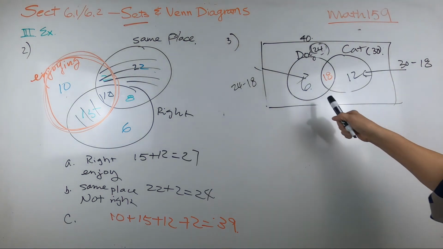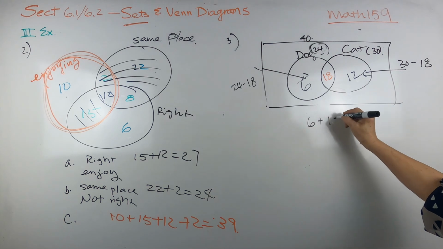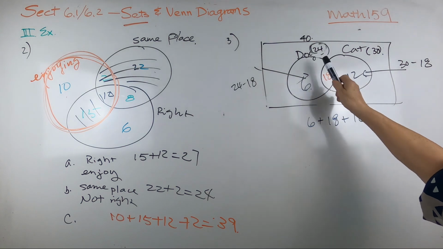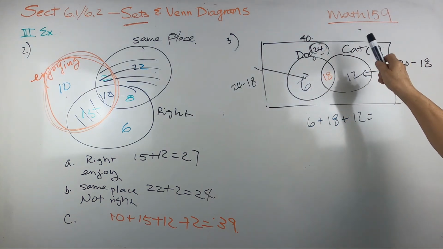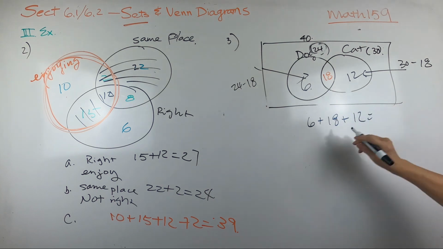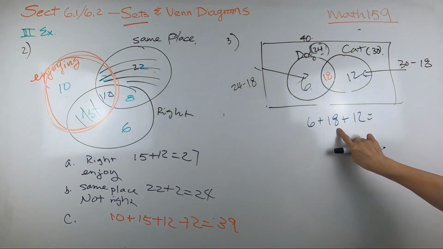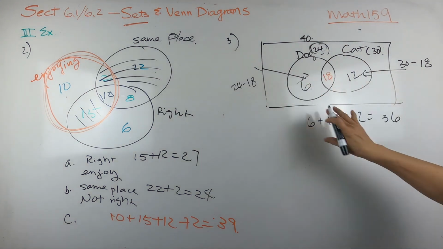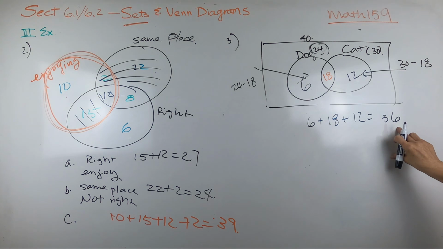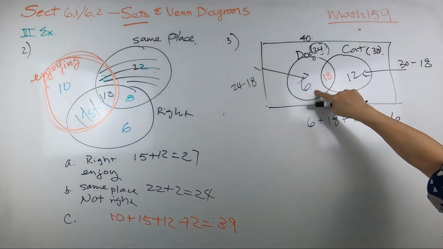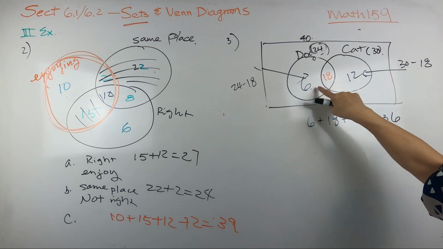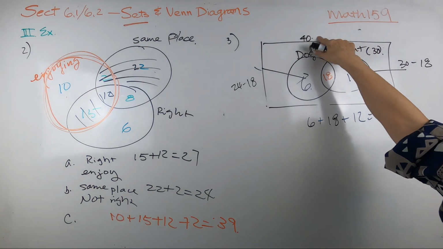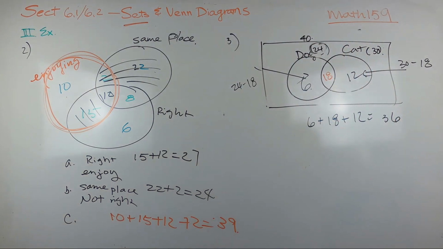Total how many? Let's take a look. 6 plus 18 plus 12. So for the households that have either cat or dog or both, total would be 6 plus 18, 24, plus 12, 36. So there are 36 households that have cats or dogs or both. But we said we check 40 households. What happened?